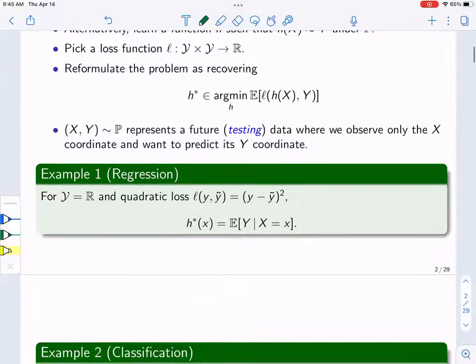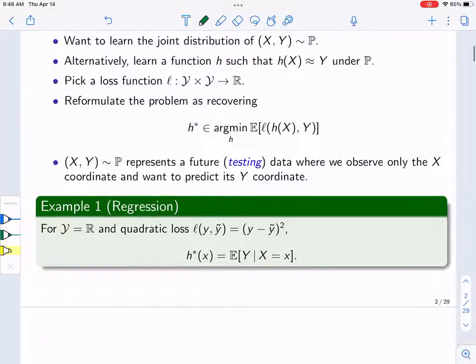And so if you take the loss function to be the quadratic loss, then you'll show in your homework problems that if the loss is this quadratic loss, then there's a unique optimal solution to this, and that would be the regression function, basically.